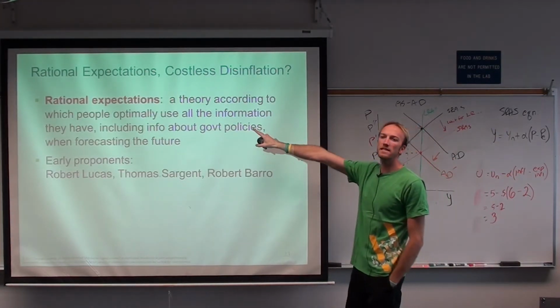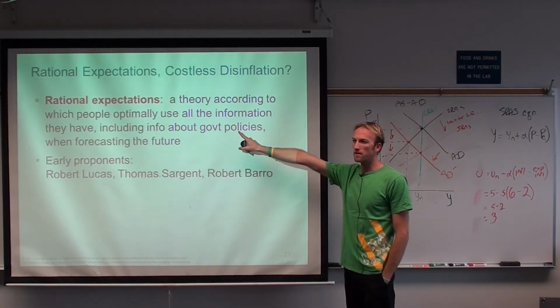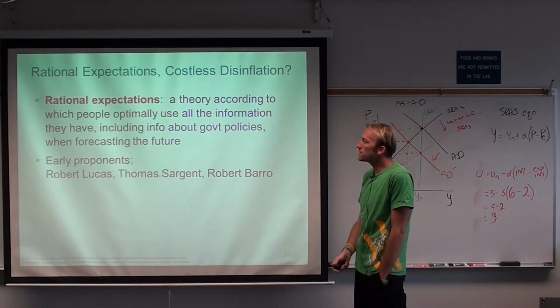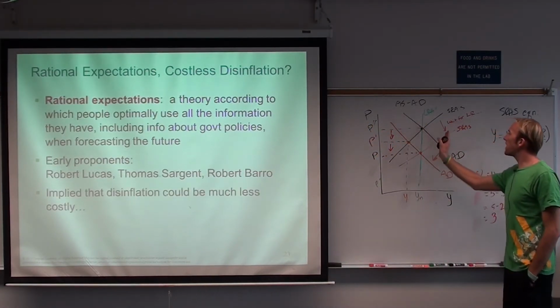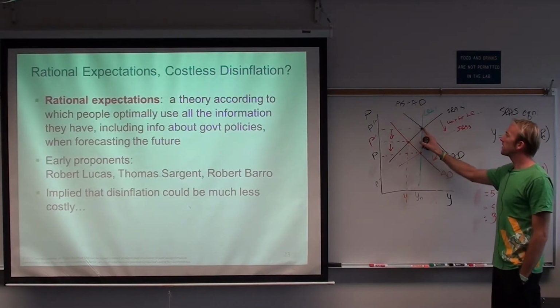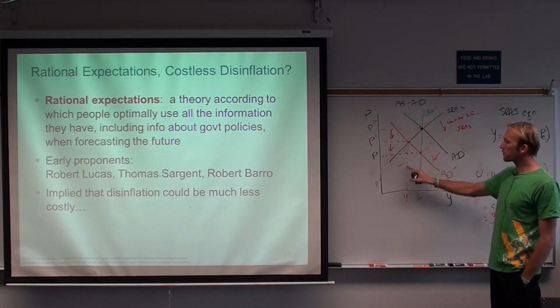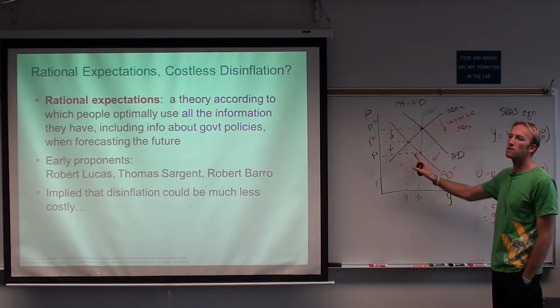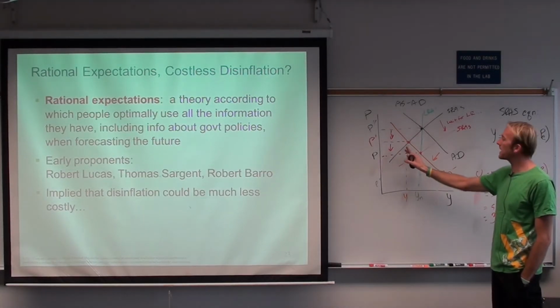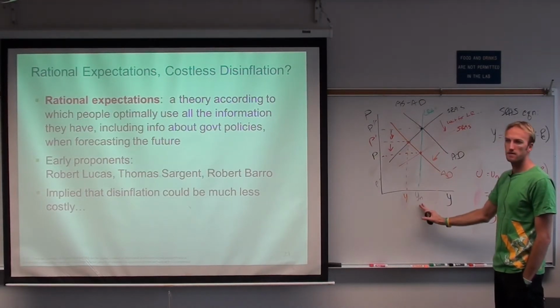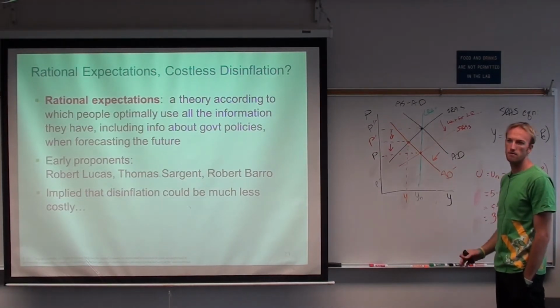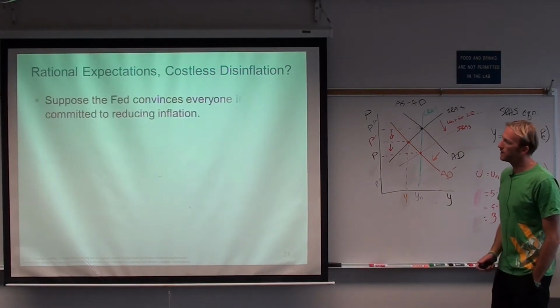If we can just convince them that it's really going to happen, then it'll go quickly. We might be down here at this point for a day, but if we can convince everyone that the prices are really going to keep going down, they're going to move their SRAS curve to the right, and it will bring us back to the long run equilibrium in like a day. That's kind of what their idea was.